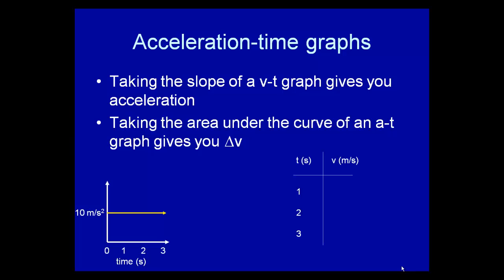So if I take the area under the curve of the acceleration time graph, let's take a look at that. If I want to figure out what the velocity was for the first second, it's simply base times height. 1 times 10 is 10 meters per second. Remember, your 10 meters per second squared times seconds, so one of your seconds cancels out. So for 2 seconds, it's going to be 2 times 10, 3 times 10, etc.